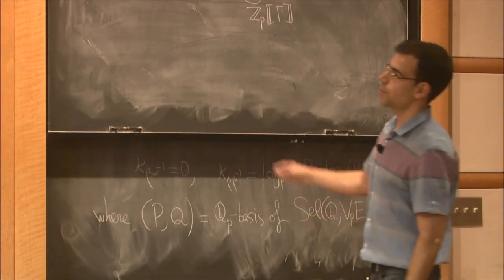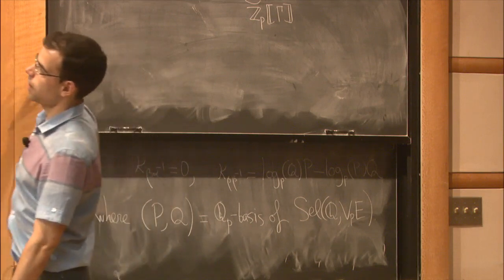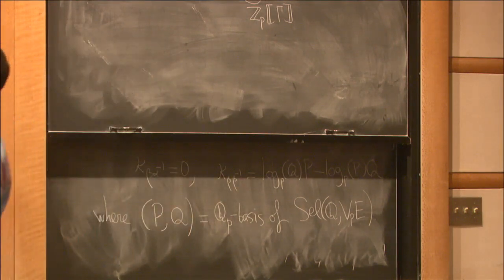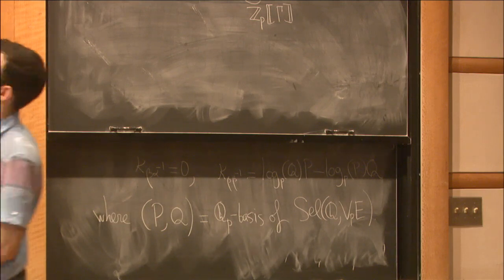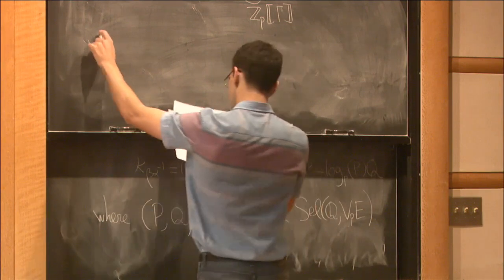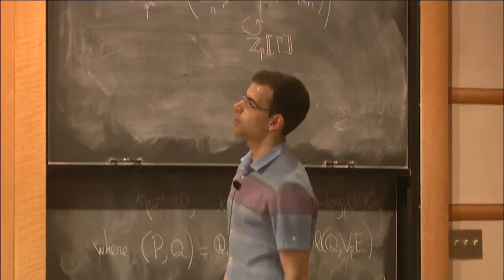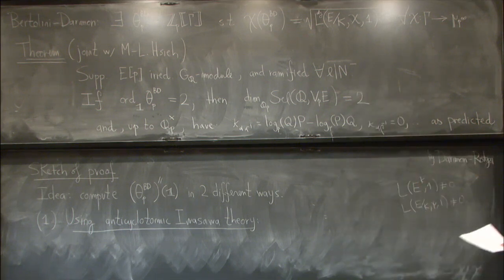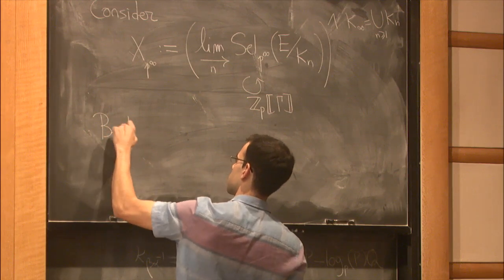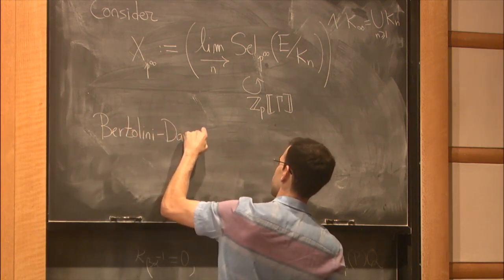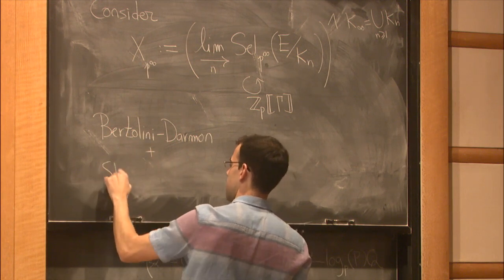So this is a finitely generated module over this Iwasawa algebra. The main conjecture predicts that it's in fact torsion, and its characteristic ideal is generated by the square, because our p-adic L-function interpolates square roots. This is now a theorem under the hypothesis stated in the first line, by the work of Bertolini, Darmon, and Skinner-Urban.